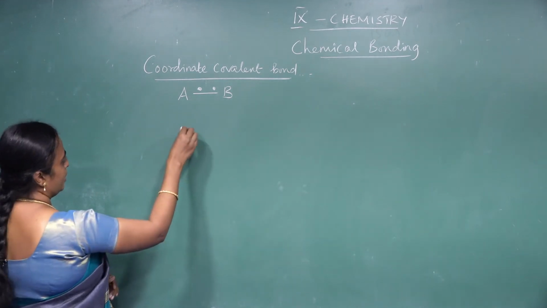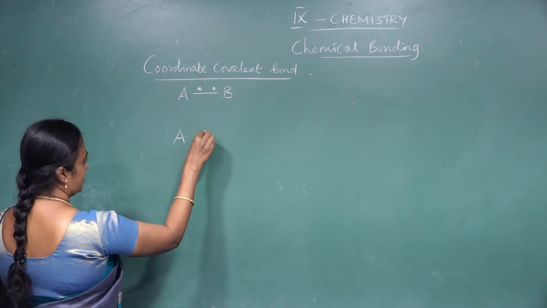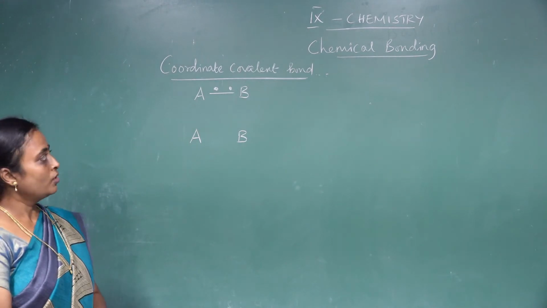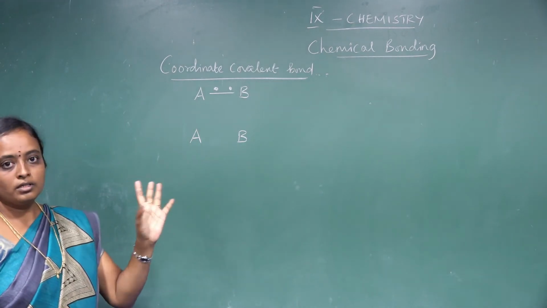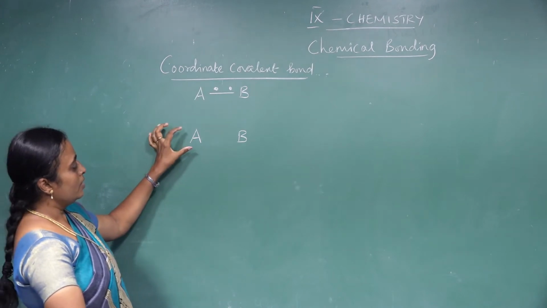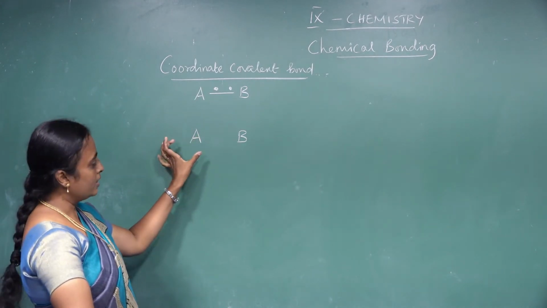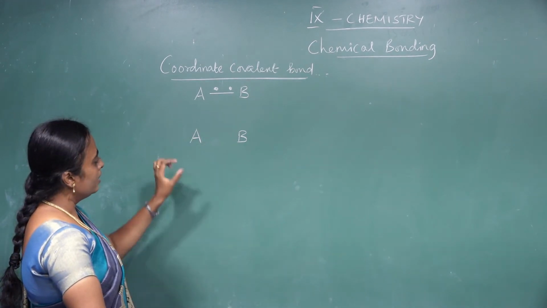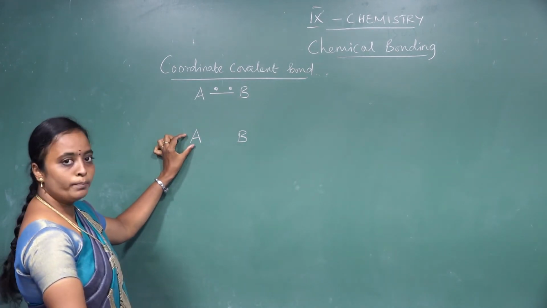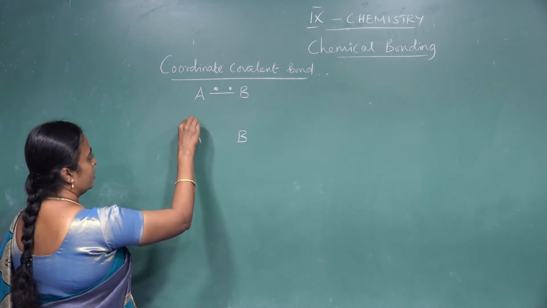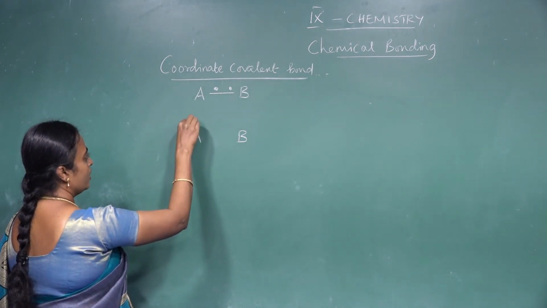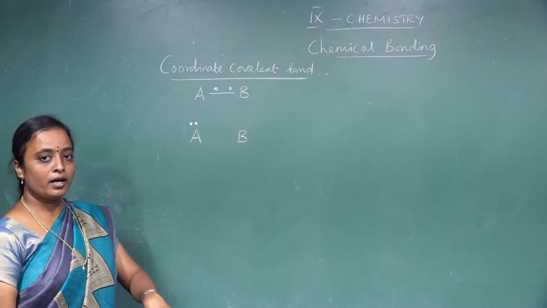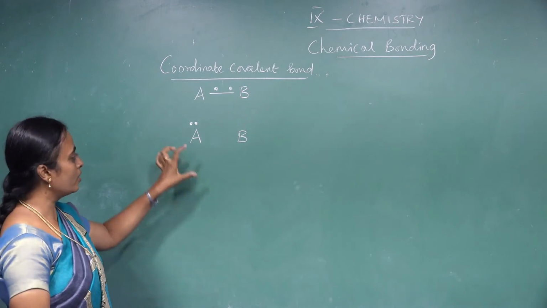Let us take the same case, where a bond is formed between the two. So how does a coordinate covalent bond form? As we know, A has an electron and B atom also has an electron. But here A atom has a lone pair of electrons. This lone pair of electrons is called an unshared electron pair, located on the atom.